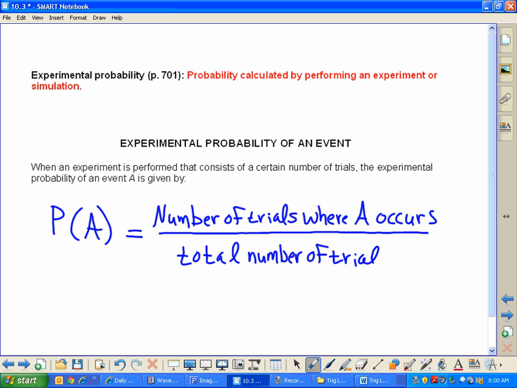So again, we get this idea for probability of favorable over total, which is different than odds.